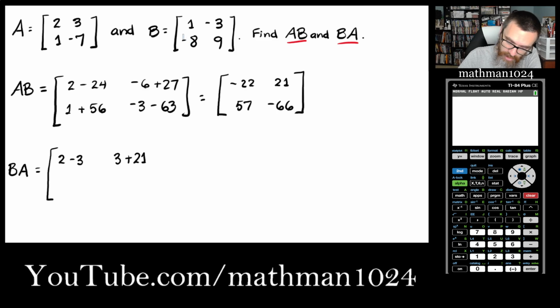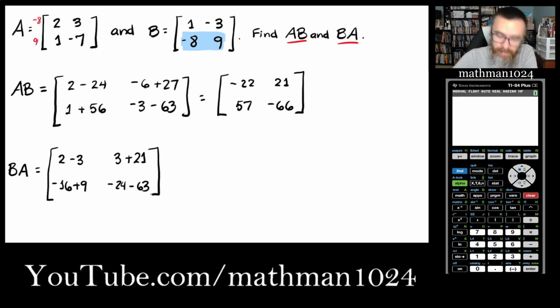All right, and now we're going to work on the negative 8 and 9. So negative 8 times 2 is negative 16. We get plus 9. Then we have negative 24 minus 63 when I go to the next column.